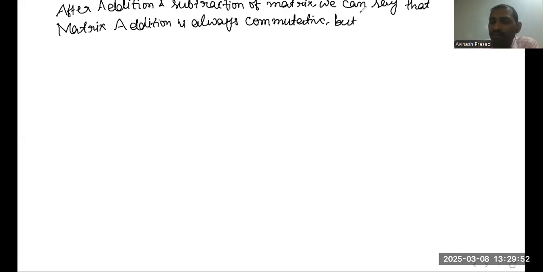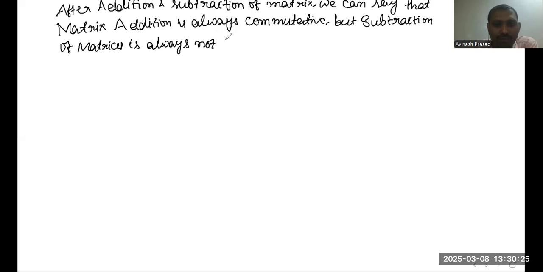Matrix subtraction, or the difference of matrices, is always not commutative. Sometimes it may be commutative, sometimes it may not be.